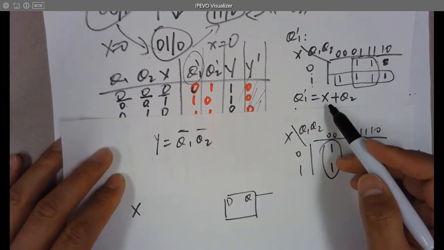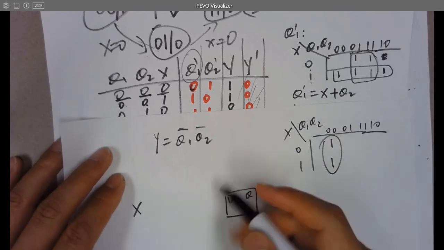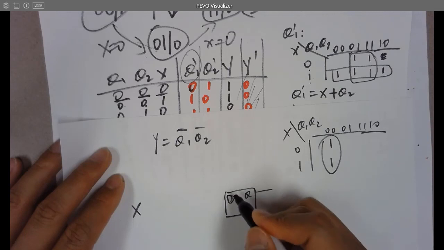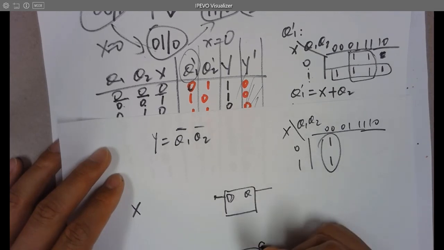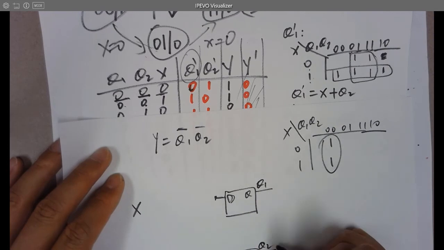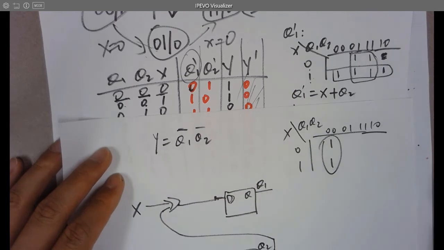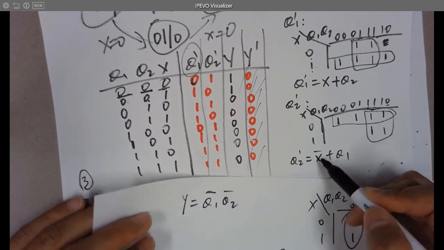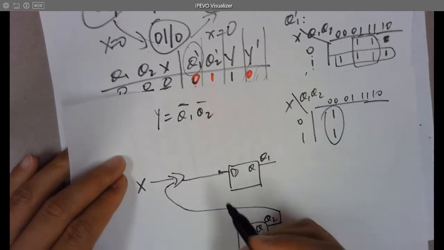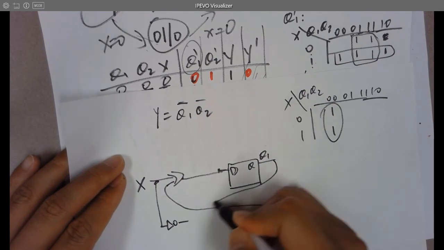It is X or Q2. So Q1 prime, which is the next cycle, actually this pin will be Q2 or X. Okay. And Q2 prime is X bar or Q1.